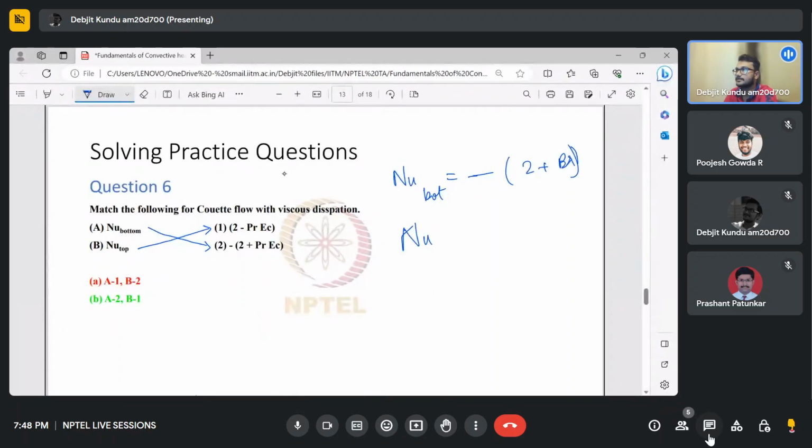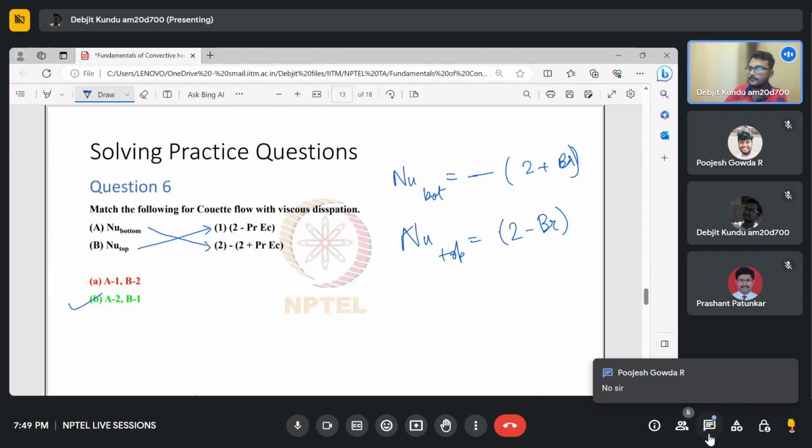And the Nusselt number at the top would be 2 minus Brinkman number. So that's why option B is the correct one. Okay. Any questions regarding this? If not, we will move on.